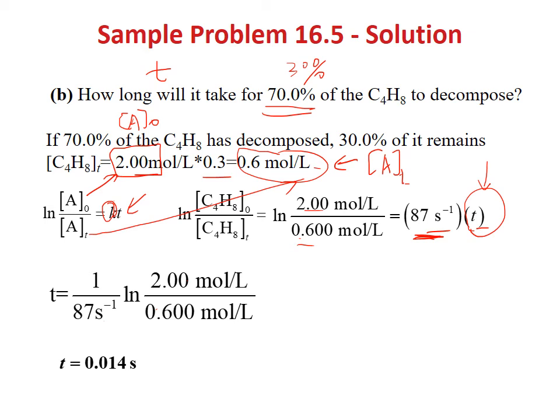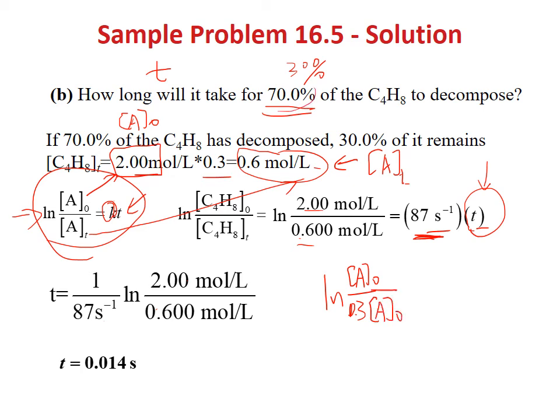Now I want to point out that in this question, we have a simple way. If you look at this equation, on the left side all you need is the ratio, so you don't actually need the numbers. Let's say this is the initial concentration, and the final concentration is 30% of A0.